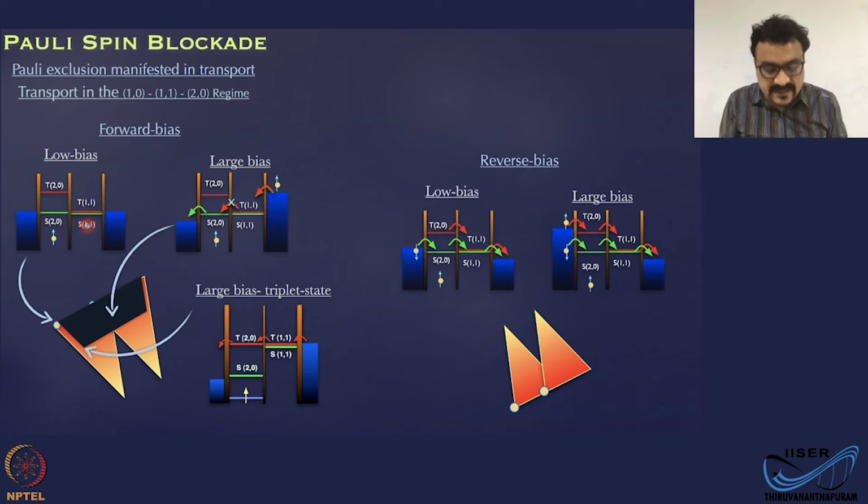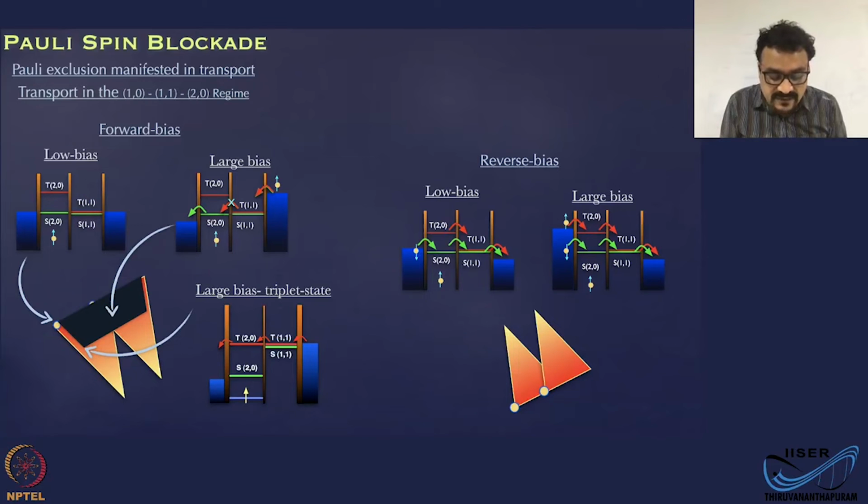Then this is the energy or electrochemical potential of the system, S11, T11. Don't mistake this for the energy levels of this right dot or dot 2. This is the state of the system in the 11 double dot state.